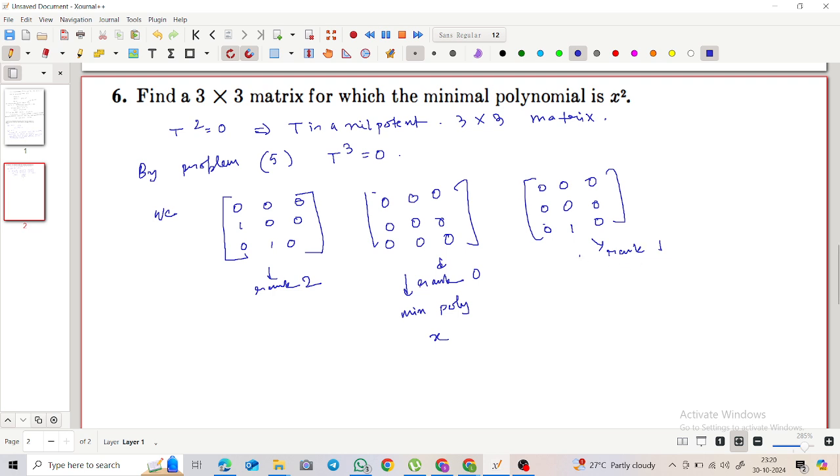The minimal polynomial of this is x cube, because t is non-zero, t square is non-zero. So x cube is the minimal polynomial. Here we see t square is 0 and t is non-zero. So the minimal polynomial is x square. Okay.